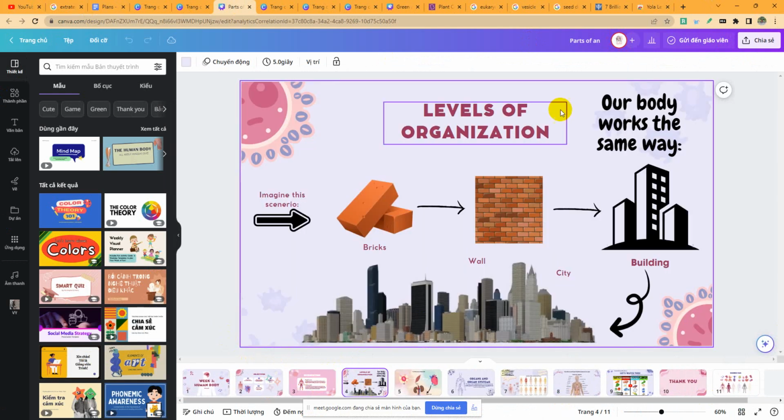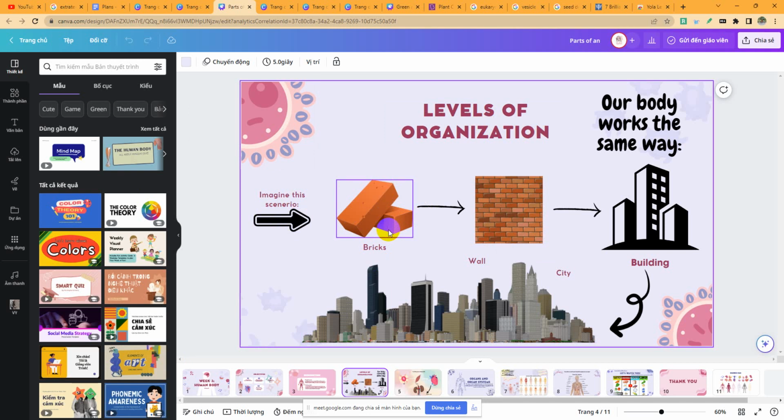Alright, I did mention very complicated concepts, but I resemble it to a much easier example, which is levels of organization inside the human body. Let's imagine this scenario again. We have the bricks, which are the primary materials in order to build a building, right?